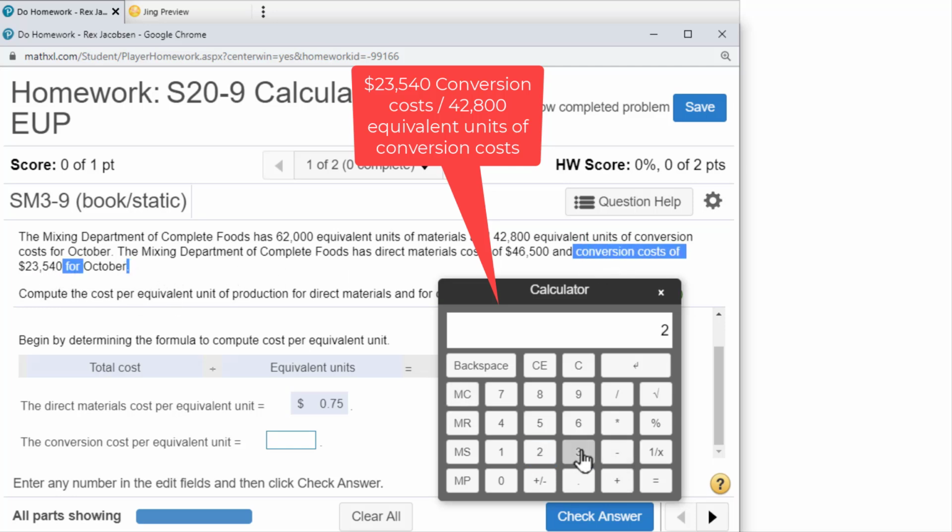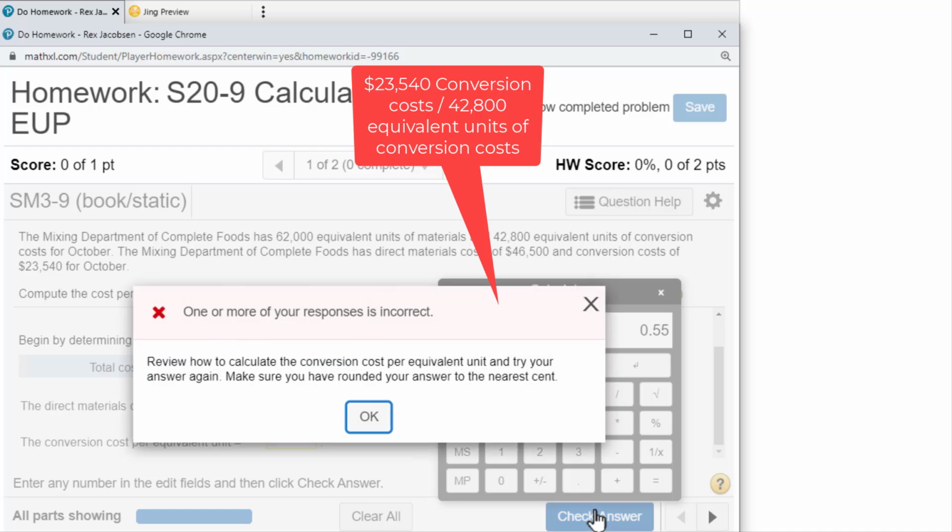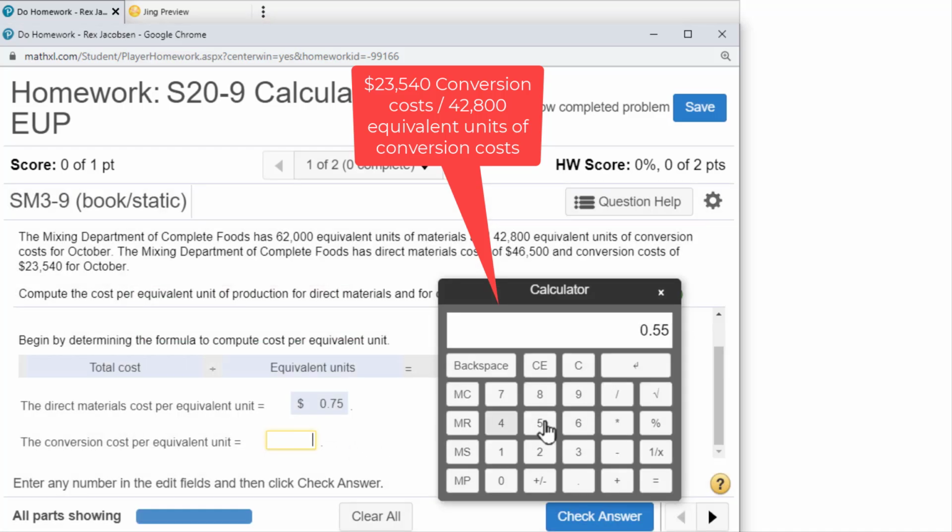I thought that number sounded familiar. $23,540 divided by the equivalent units for conversion costs of 42,800 equals 55 cents. Oops, I didn't hit the button. There we go.